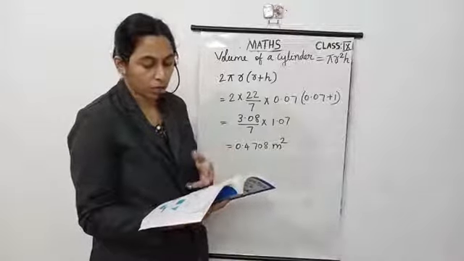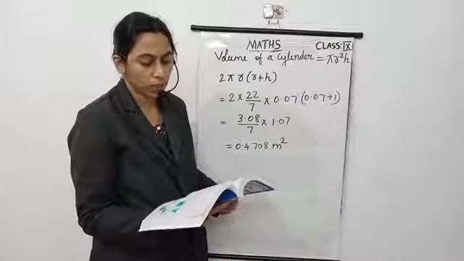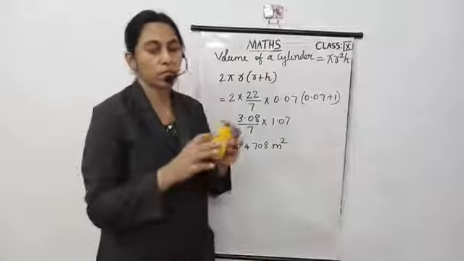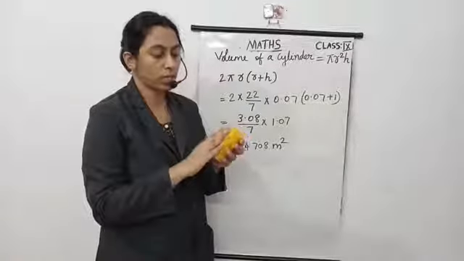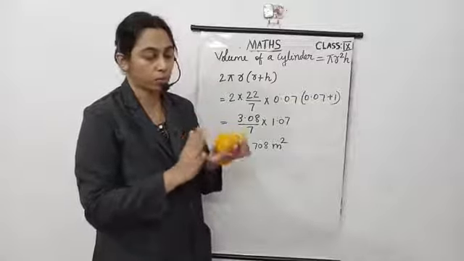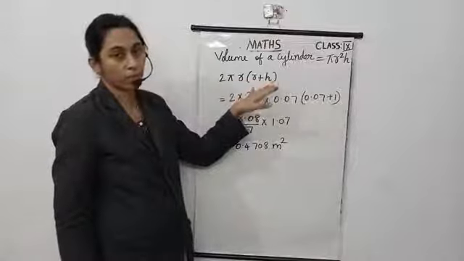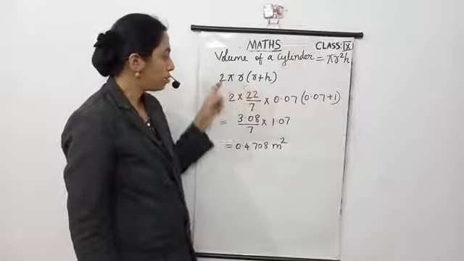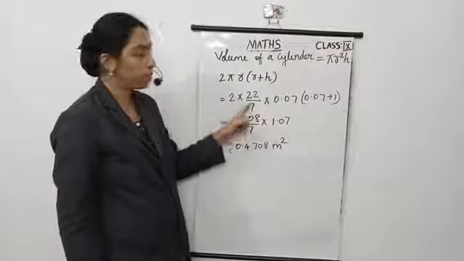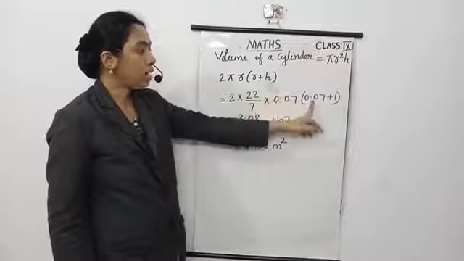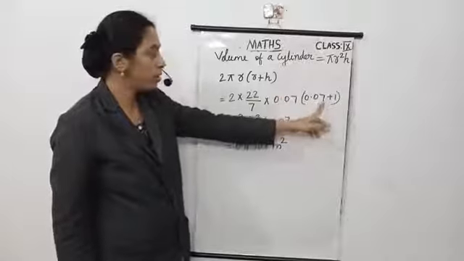Now, how many square meters of metal sheet would be needed to make it? We need to find its total surface area. Total surface area means the curved surface plus the two circular surfaces, that is 2 pi r into r plus h. Substitute values: 2 into 22 by 7 into 0.07 into r plus h, which is 0.07 plus 1.